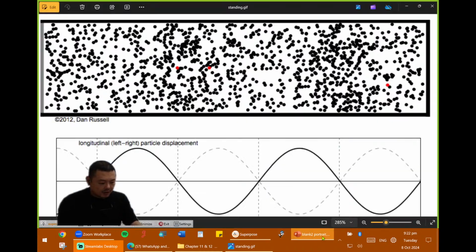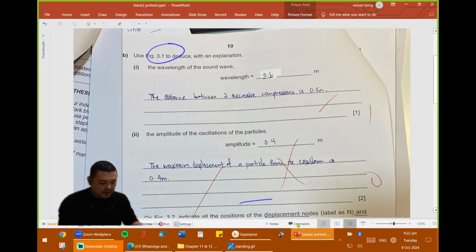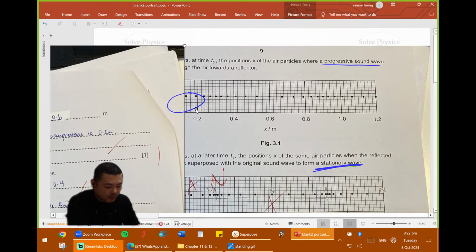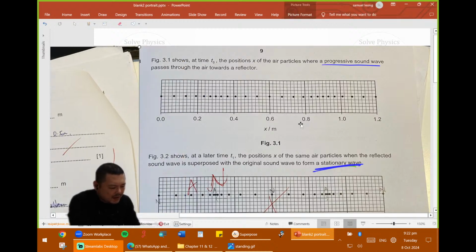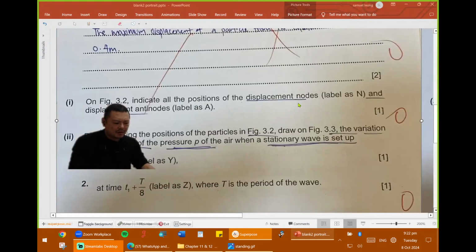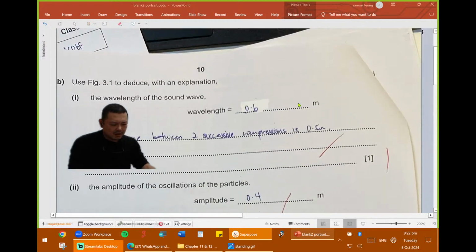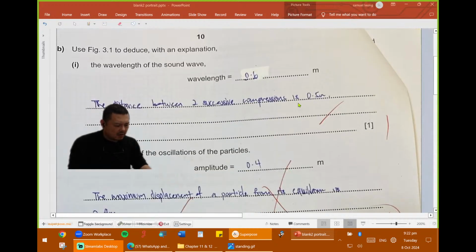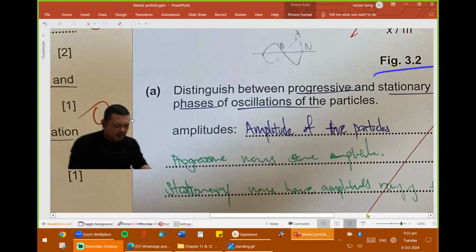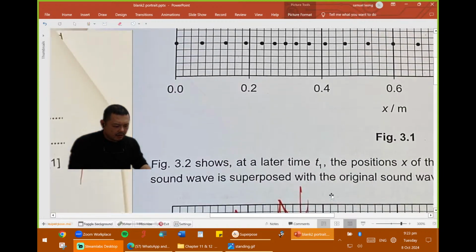Okay? So we have to go back to the question and try to understand the progressive wave 3.1. Where were their original amplitudes? Because they don't look like they're at their original amplitudes. Oh, whoops. What did I do? Sorry. Right, figure 3.1, right?